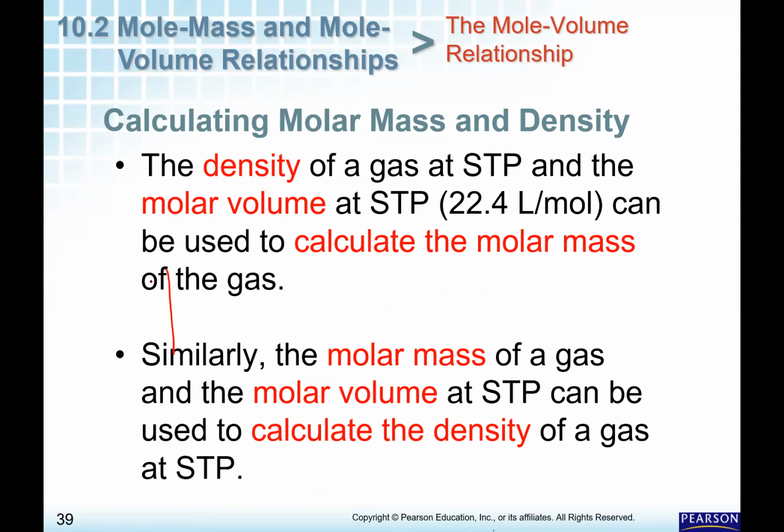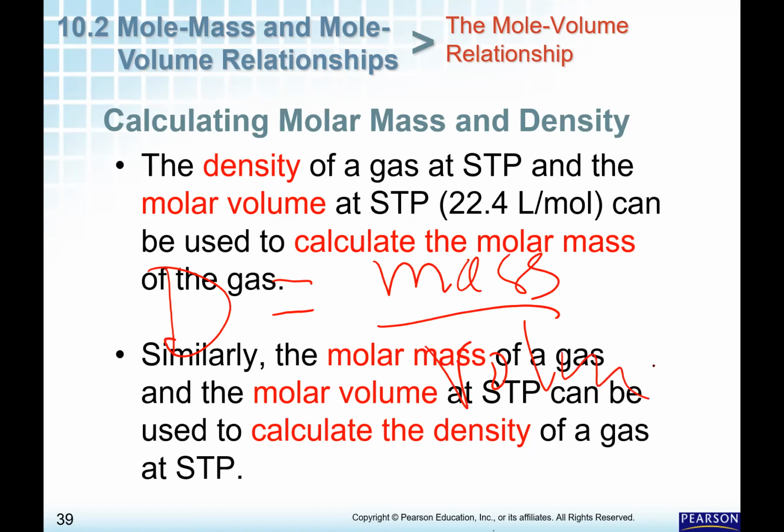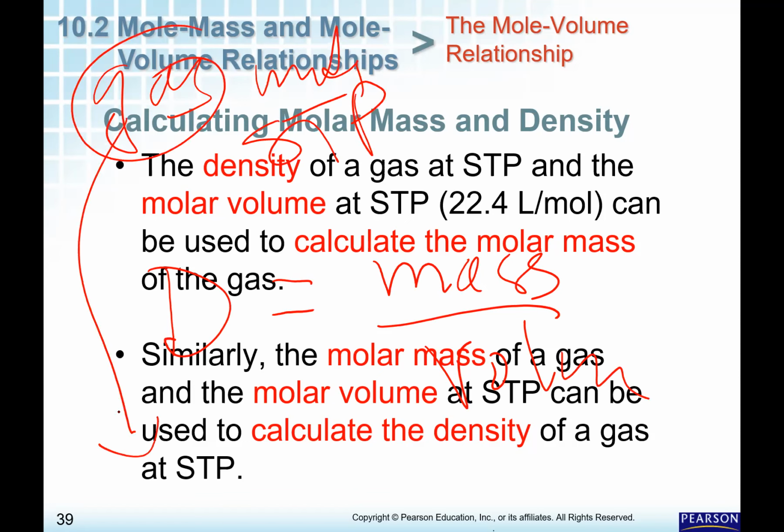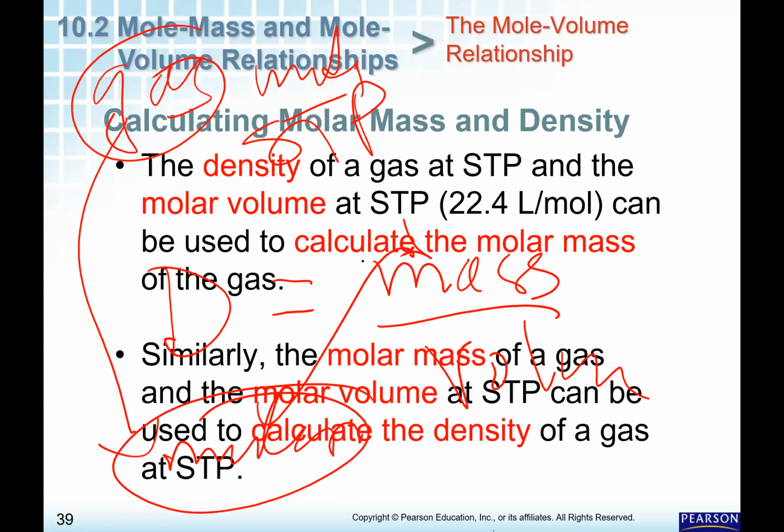Again, let me repeat. The density is equal to the mass over the volume. If we have a gas under STP, first of all, any gas will have a molar mass, and that is the mass of 1 mole. So I can put this in here. And also, since it's under STP, 1 mole will occupy 22.4 liters.